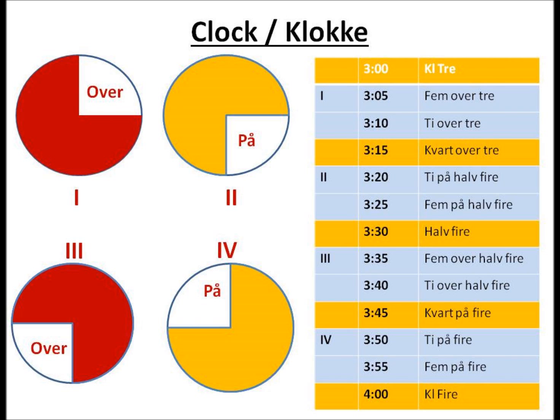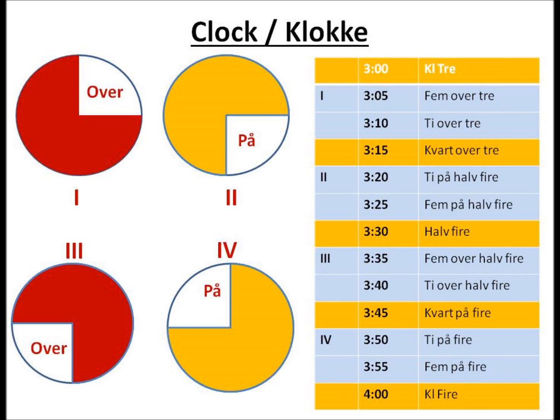At 3:30, they'll say halv 4, or half an hour to 4. At 3:35, they will say 5 over halv 4. And at 3:40, it is ti over halv 4.